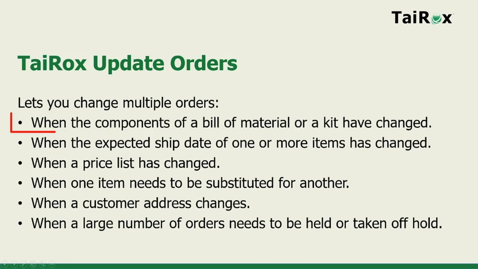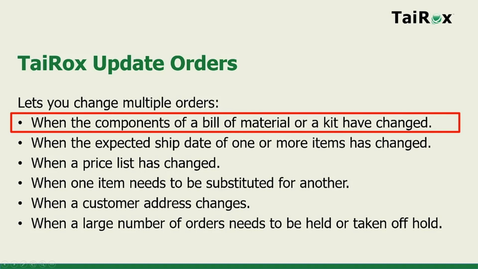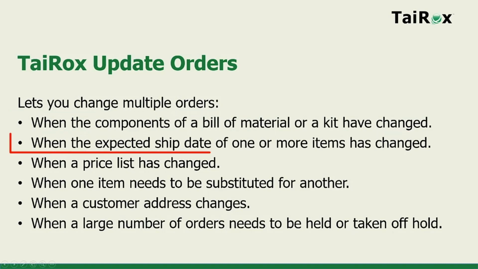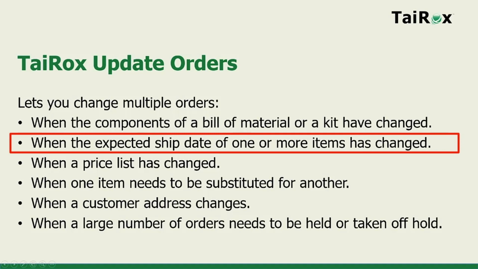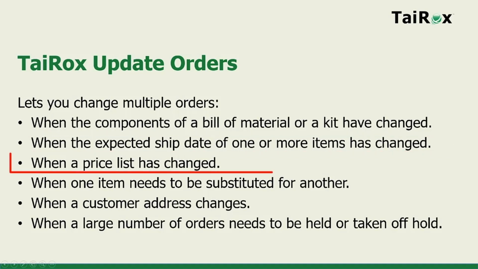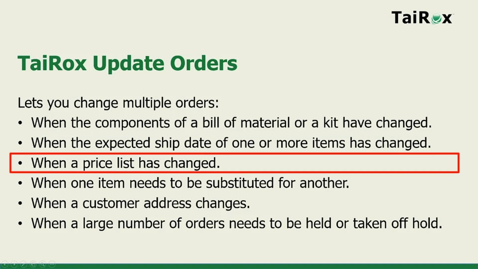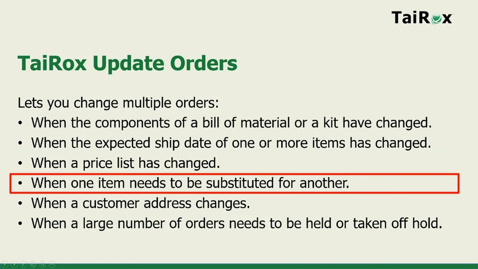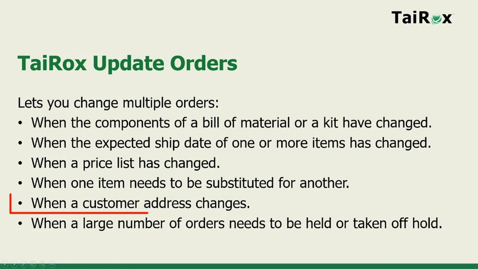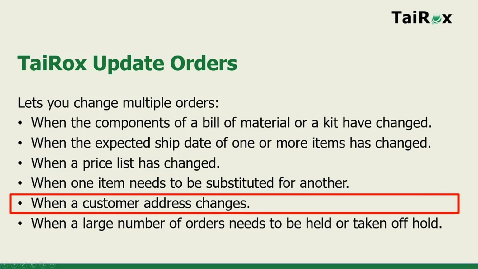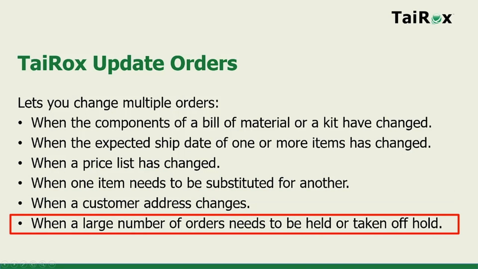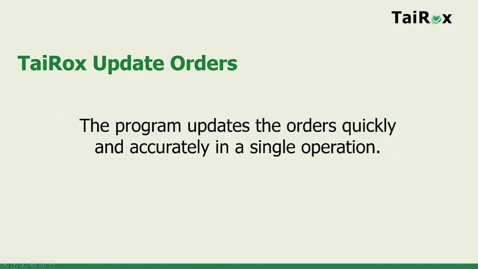It lets you change multiple orders when the components of a bill of material or a kit have changed, when the expected ship date or one or more items have changed, when a price list has changed, when one item needs to be substituted for another, when a customer address changes, affecting active or standing orders, or when a large number of orders need to be held or taken off hold. The program updates the orders quickly and accurately in a single operation.